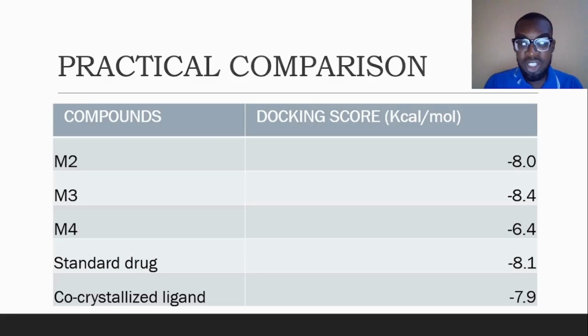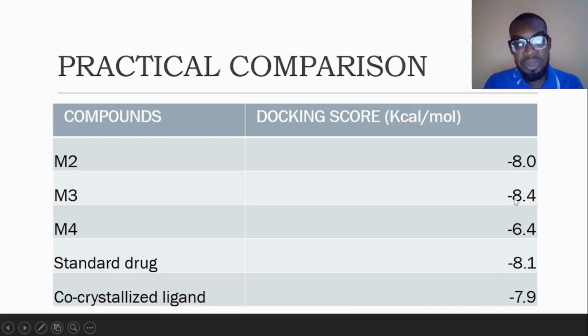In discussing this kind of result, we would assume that M3 would have a strong interaction with the target protein, and that interaction should be stronger than that of M2 and that of M4. You observe that for the standard drug used for that study, it's -8.1.